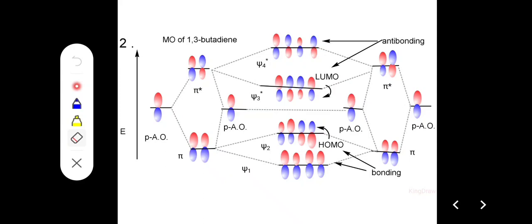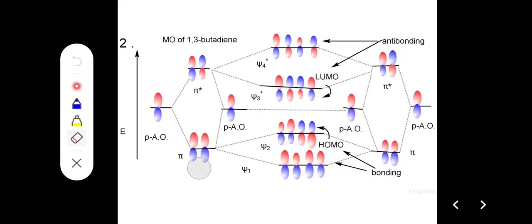Why? Because cycloaddition is nothing but the reaction of the HOMO of one component and the LUMO of the other component. When two ethylenes combine with each other, they produce a 4-member ring, right? But if it were thermally allowed, their HOMO and LUMO would interact with each other.